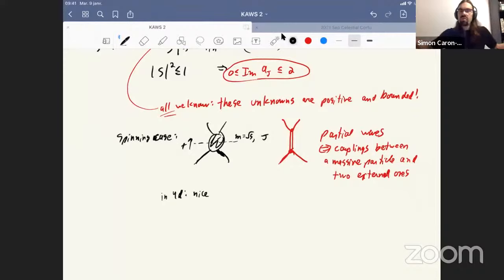If you go to the rest frame of the 2 particles, even if they are massive, the helicity is the spin of the particle relative to the axis.